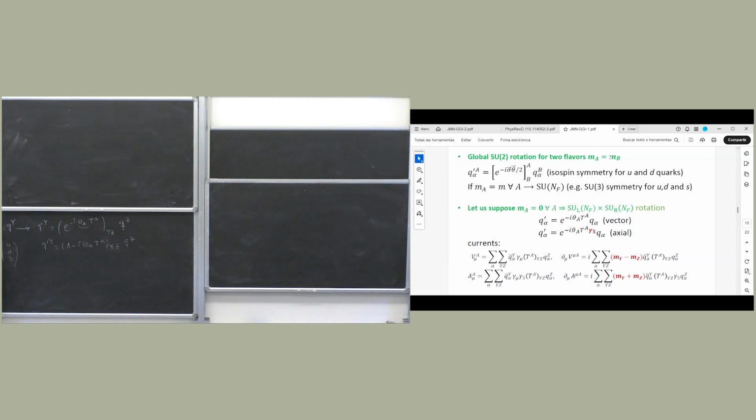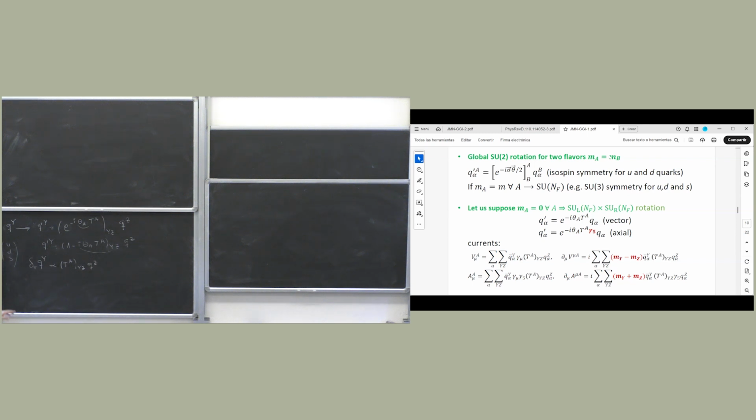Okay, so then what is the variation of q_i? What is the variation of q_i? It is just this part of the transformation, right?